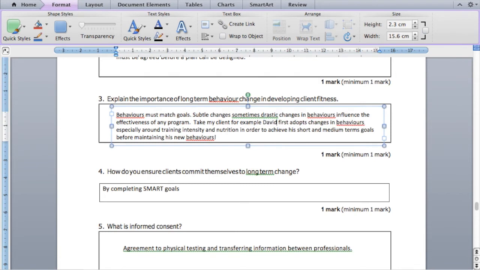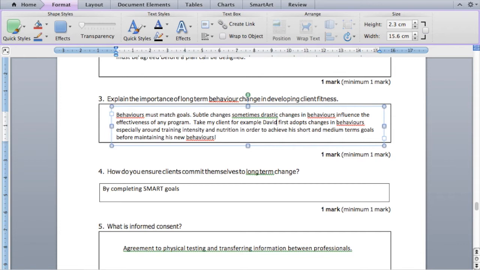So David, he first adopts changes in behaviors, especially around training intensity. Think back to it. He hadn't completed any structured training for a while. So the first bit of behavior we changed was to get him to train 2 cardio days per week, 2 resistance days per week, with set training intensities.